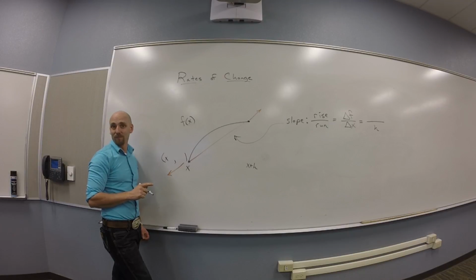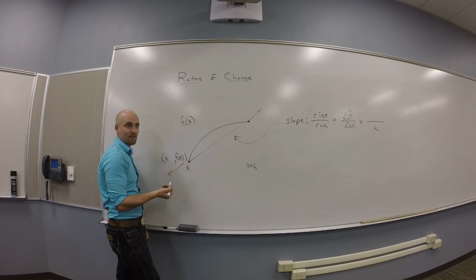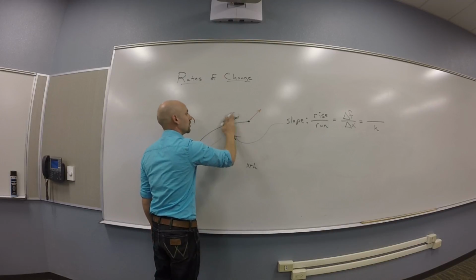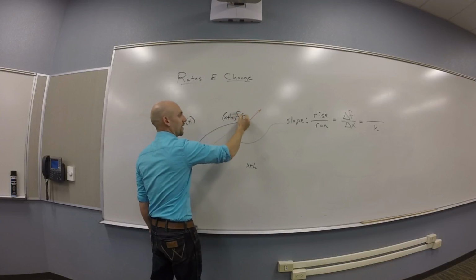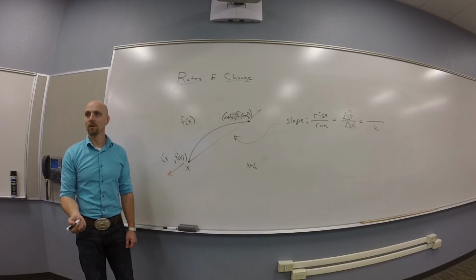So they're x comma f of x pair, right? And this one is x plus h, oops, comma what? F of x plus h. Awesome, right?